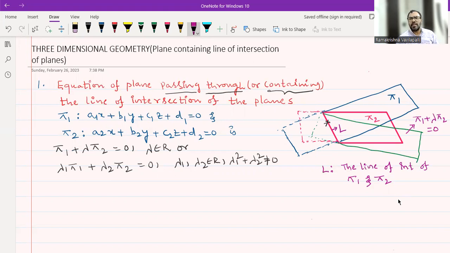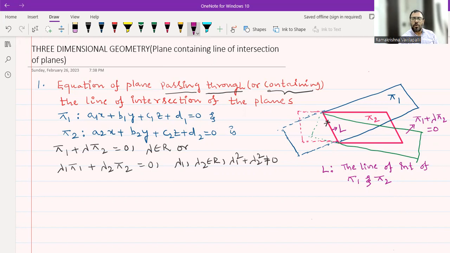You can think in your room, you take two walls. Two walls meet along a line. Now we need another wall containing that line. So here we have to prove that the plane containing the line of intersection of pi1 and pi2 is pi1 plus lambda pi2 equals 0.